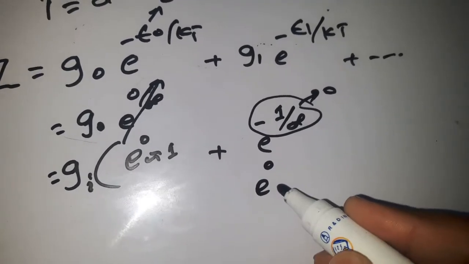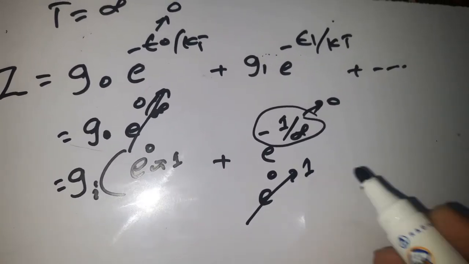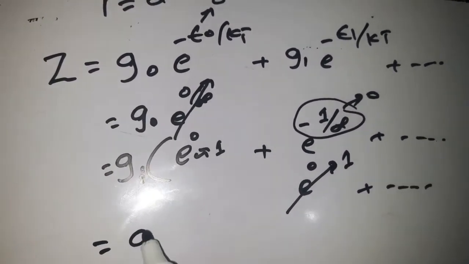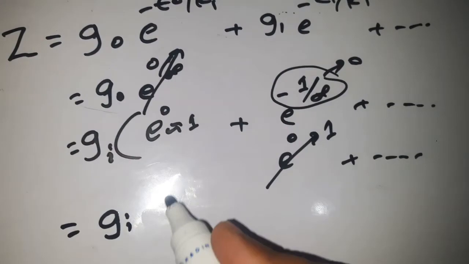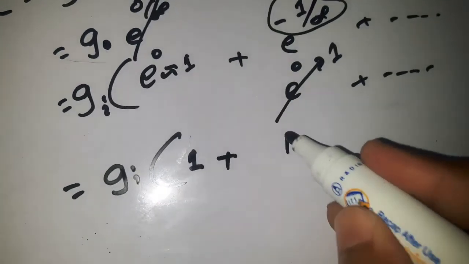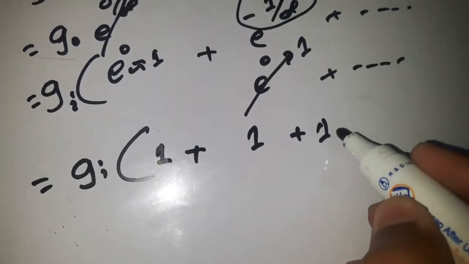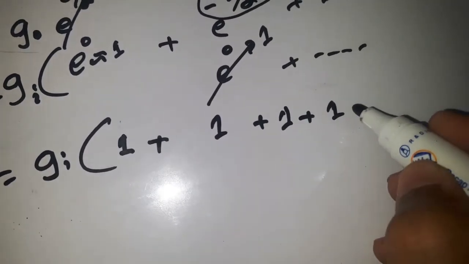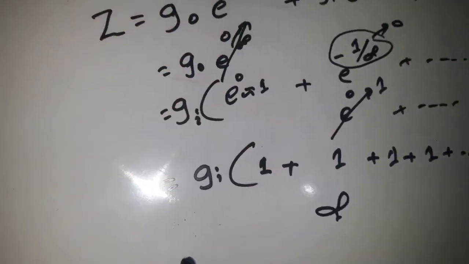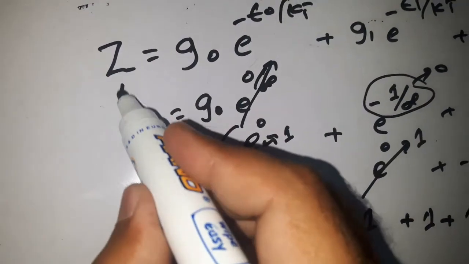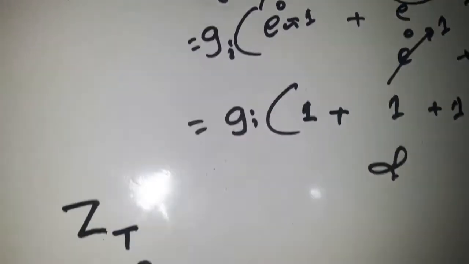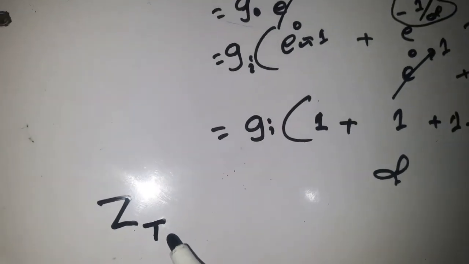So we have g i, and from the first term we already got 1, from the second term 1, from the third 1, and from the fourth, and this goes on to infinity. This shows that if the temperature is approaching infinity, the limit of Z as temperature goes to infinity, the partition function will be infinity.